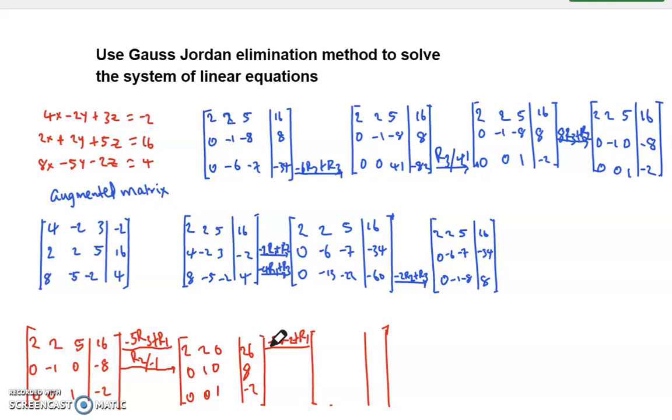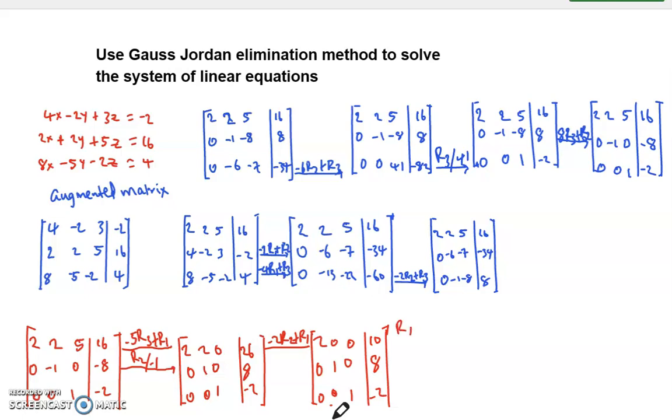Here we are going to now have 2, 0, 0. This 26 becomes 10. Here we are going to have our 0, 1, 0. We have 0, 0, 1, and here we are going to have 8, and this is -2 like we have here.